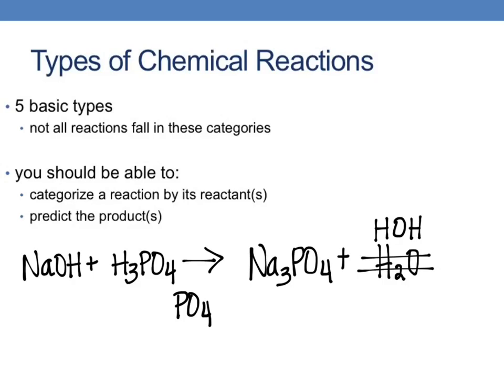Most of the time, sometimes it doesn't. It starts to get weird. This is one where it works out great. I call it HOH because that's all water is. Water is a hydroxide ion, and it's H ions. So water is both an acid and a base. So I can write it to where it looks like it's both an acid and a base.